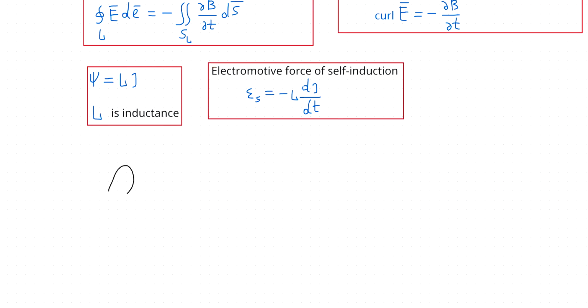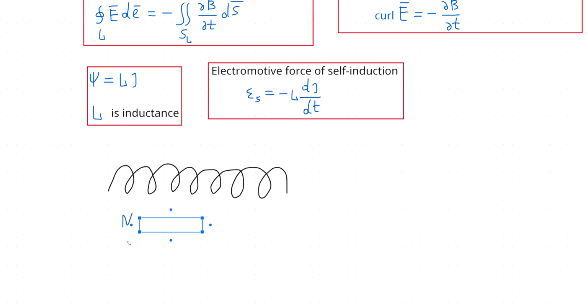A solenoid is some wire that has the form of a spring, with N turns. So N is the number of turns.